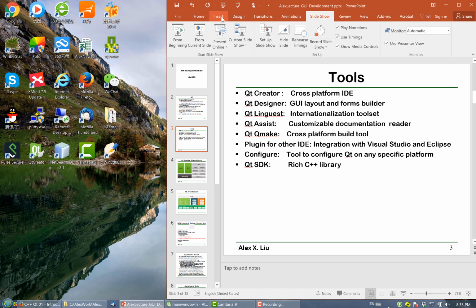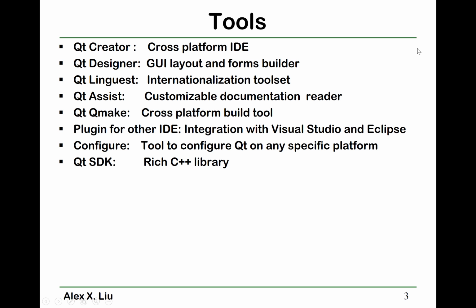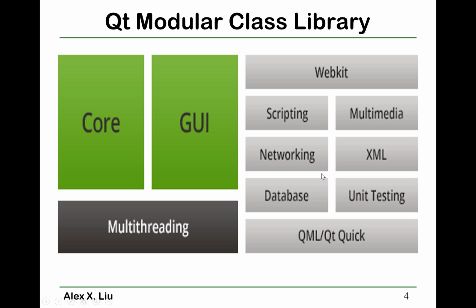Okay, so Qt comes with a lot of tools: Qt Creator, Qt Designer, Qt Linguist, Assistant, qmake, and so on. Mostly we are going to use Qt Creator and Qt Designer. So this is the Qt modular class library.